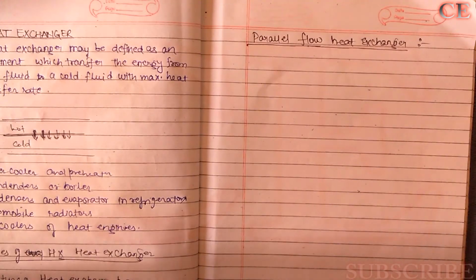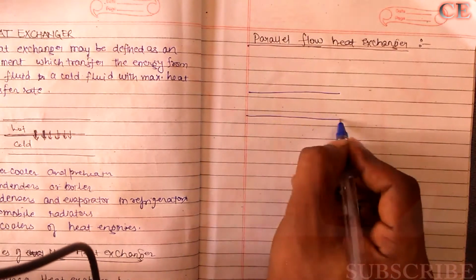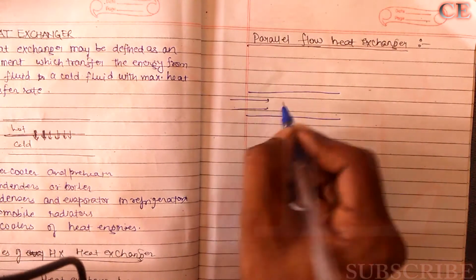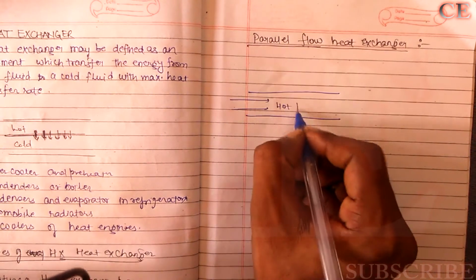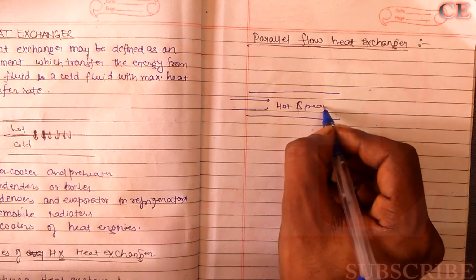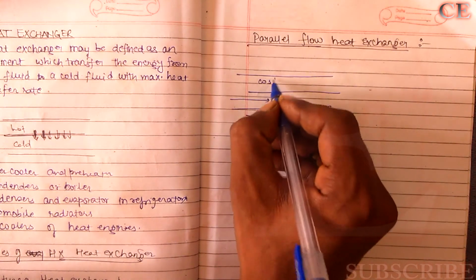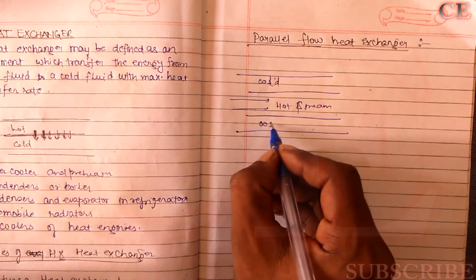So in a parallel flow heat exchanger, the fluid streams, hot and cold, both flow in the same direction. So it is like this. Suppose this is a hot pipe in which hot fluid is running, hot stream, and it is surrounded by two cold streams. This one is cold and this one also is cold.